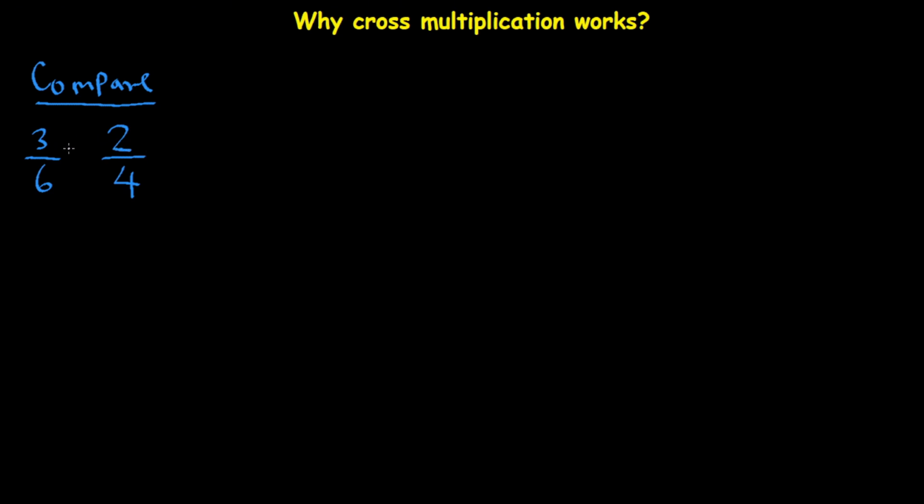What we usually do is multiply this number by this number, and so on with the other fraction, and the result is going to be 12 for both sides.